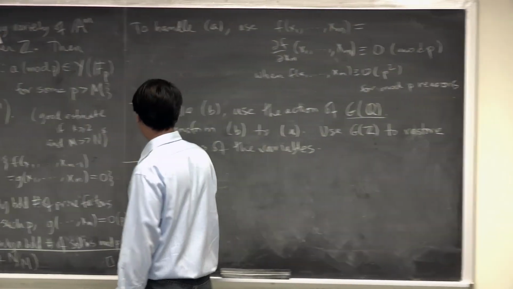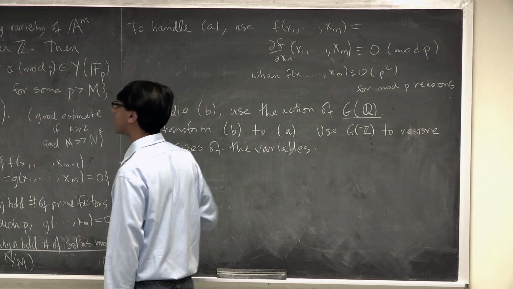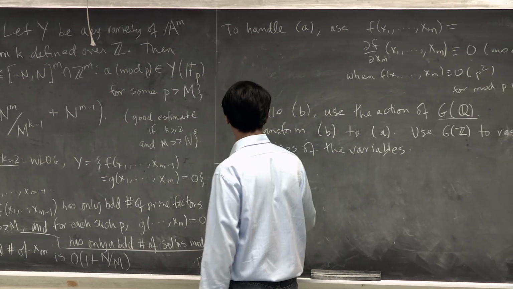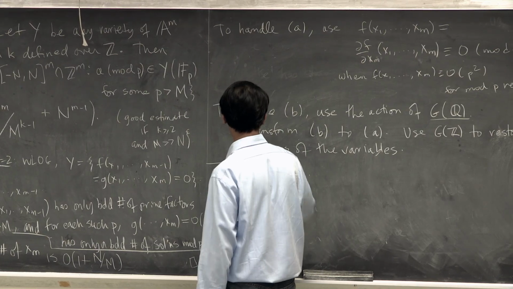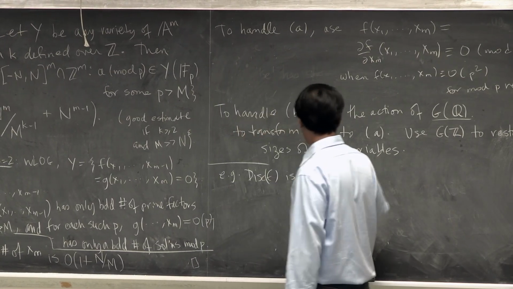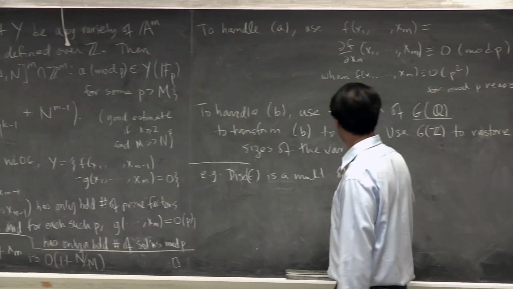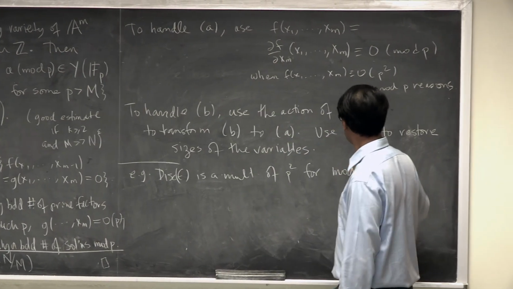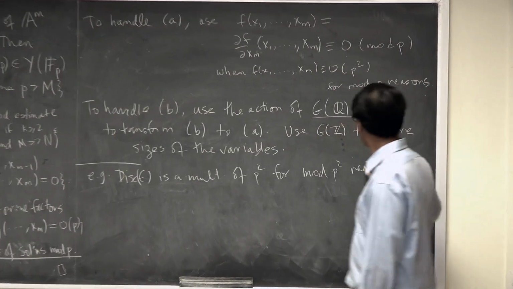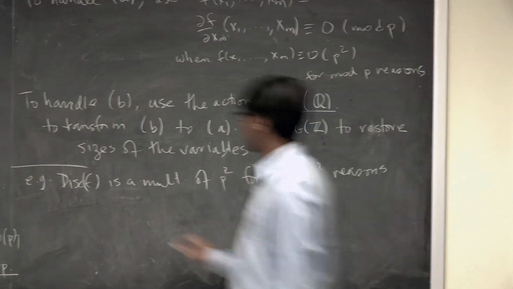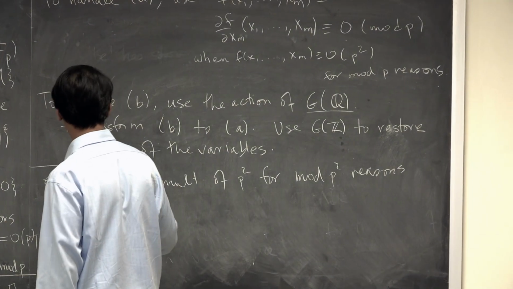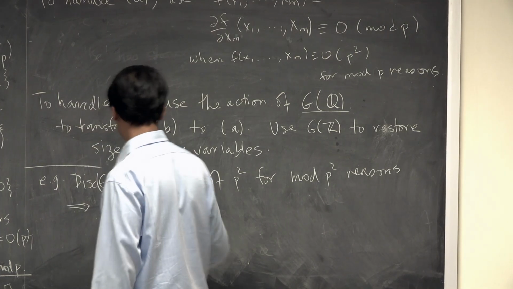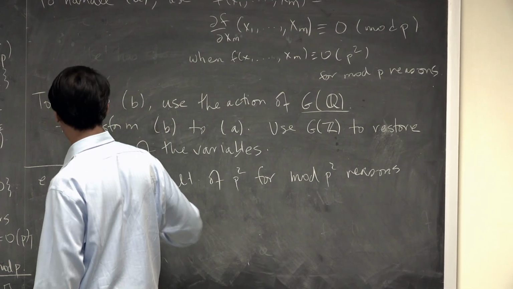So let me just end by telling you how to do it for the discriminant of f. So, e.g., the discriminant of f being a multiple of p squared for mod p squared reasons implies that there's an SL2 transformation such that, well, I'll use the same letters there.